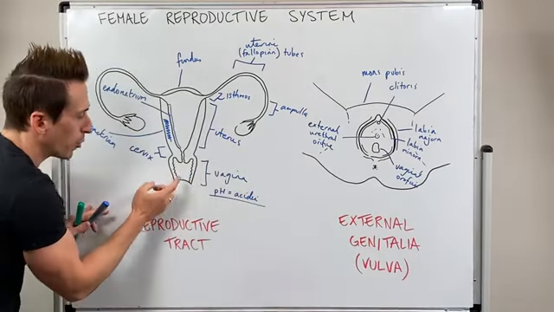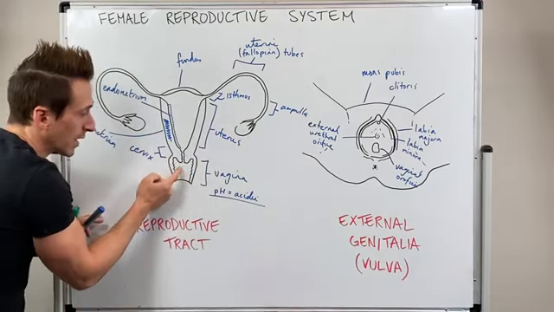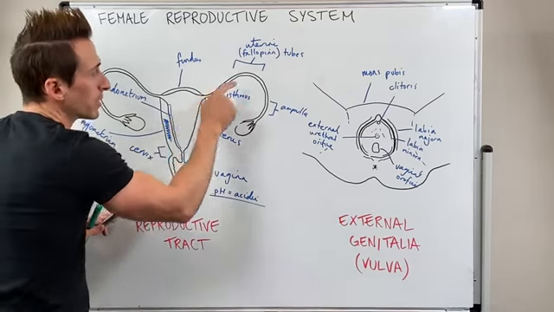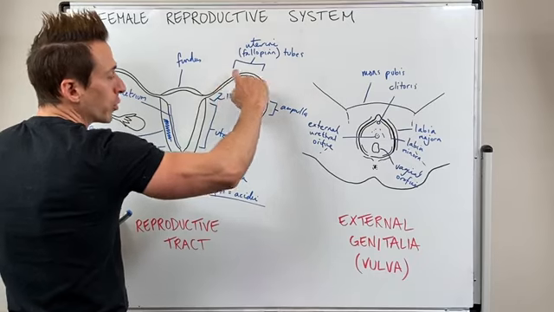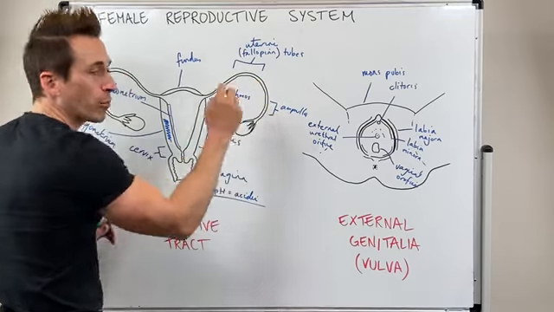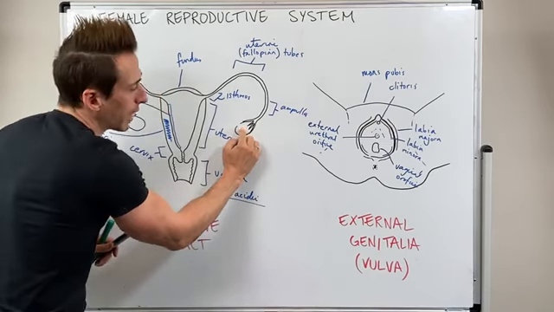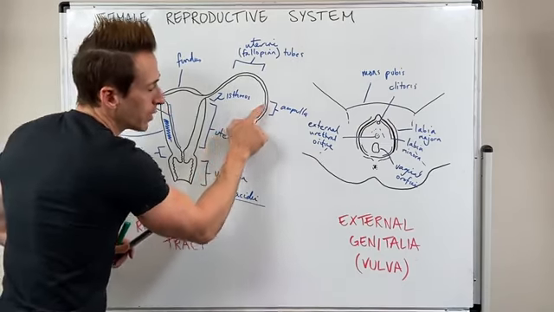So when sperm enters the vagina, it has to swim through the cervix, through the uterus, through the isthmus, through most of the fallopian or uterine tubes, and it's at the ampulla that it will fertilize the egg, which means the egg or oocyte will be ovulated from the ovary and move through to the ampulla.